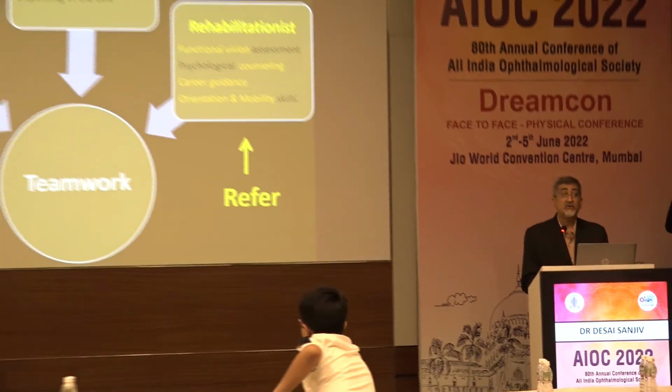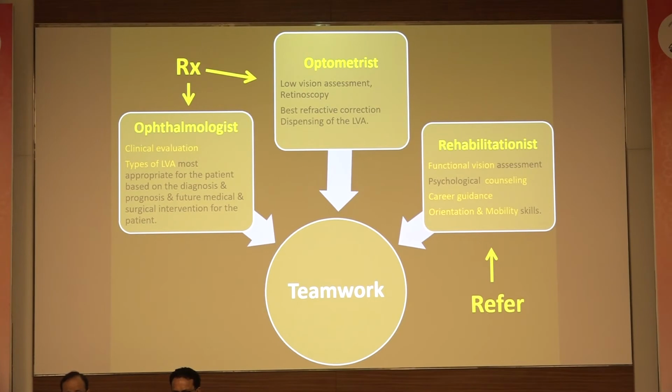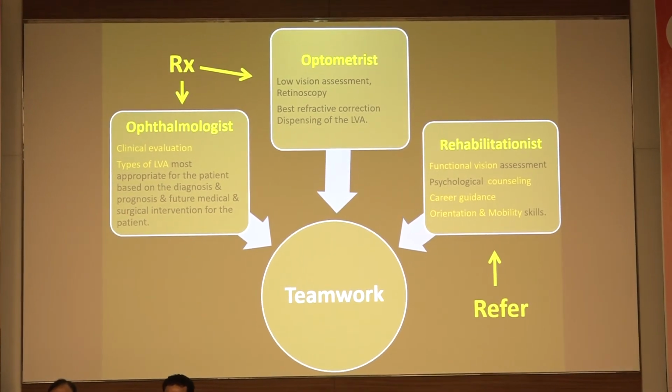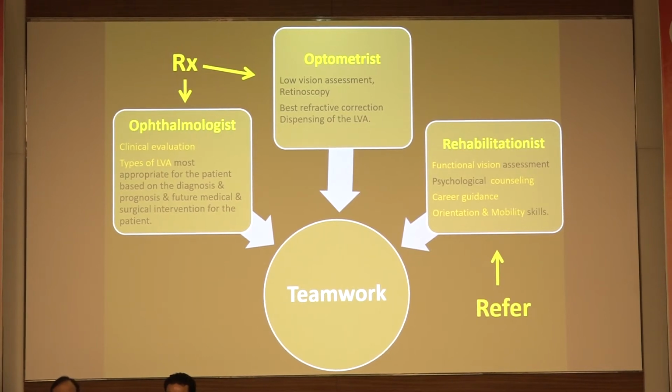He is helped by the optometrist who does the low vision assessment, retinoscopy, refractive correction, and then final dispensing of the low vision aids. And for patients with profound visual loss or multiple handicaps, a rehabilitation specialist comes into play who does the functional vision assessment, psychological counseling, career guidance, and orientation and mobility training.